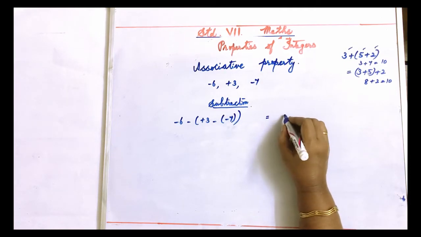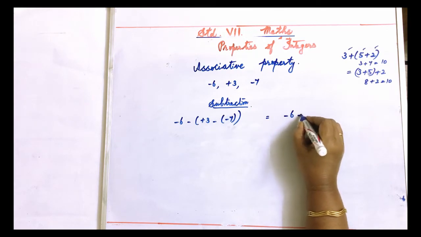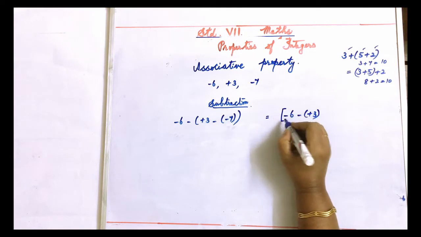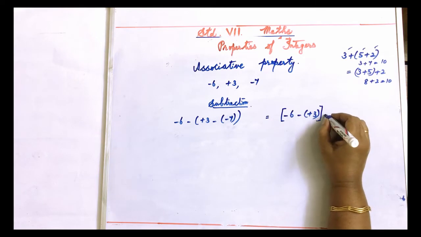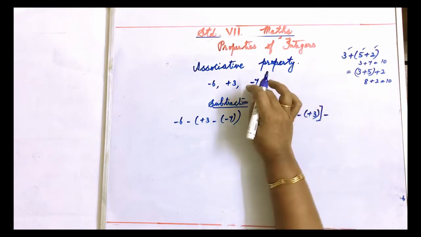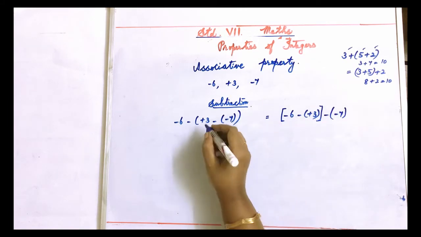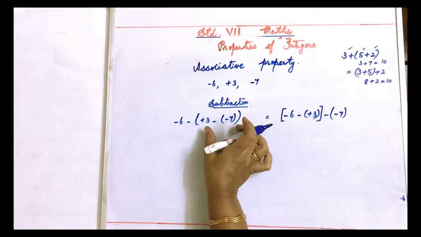So minus 6 minus plus 3. We can put one more bracket. Again we have to subtract, so minus sign, and third integer is minus 7. Now first we have to subtract the integers within the brackets.